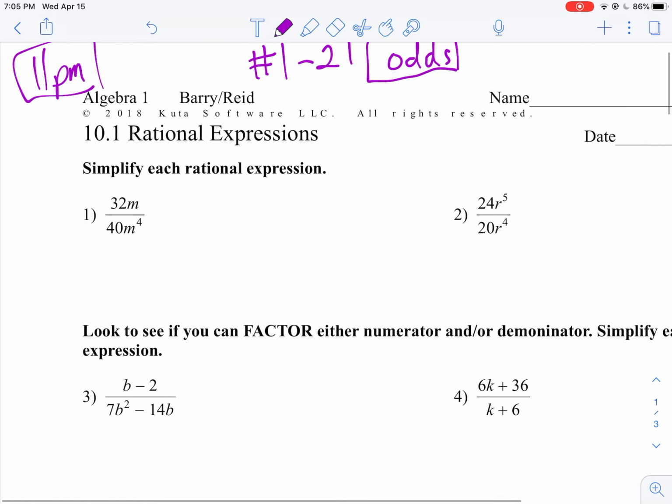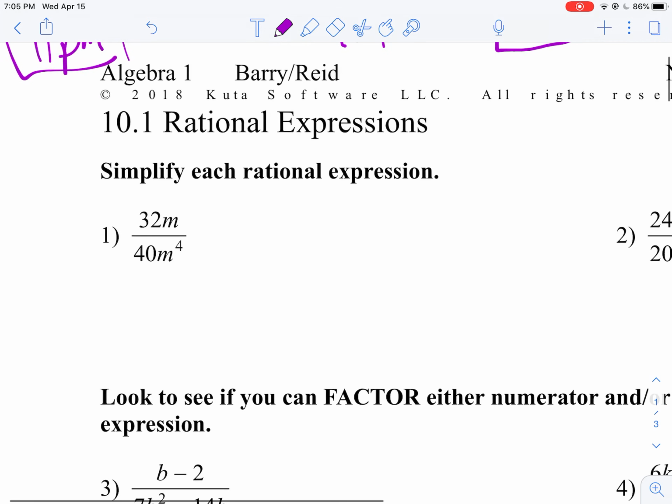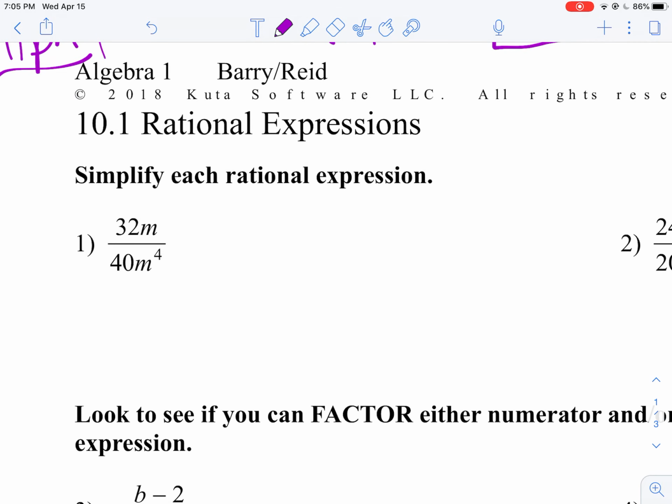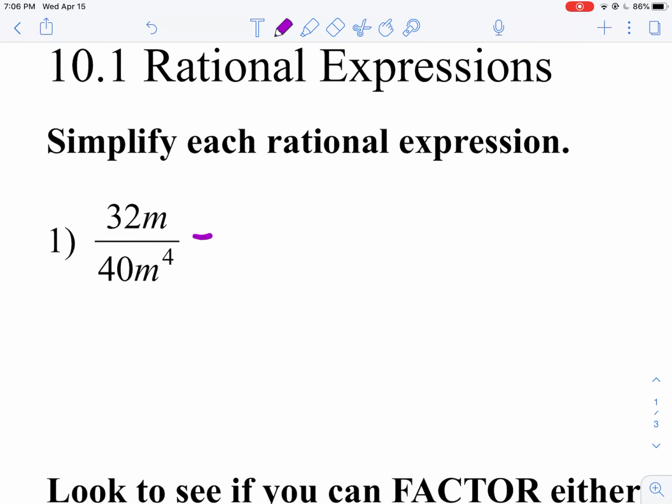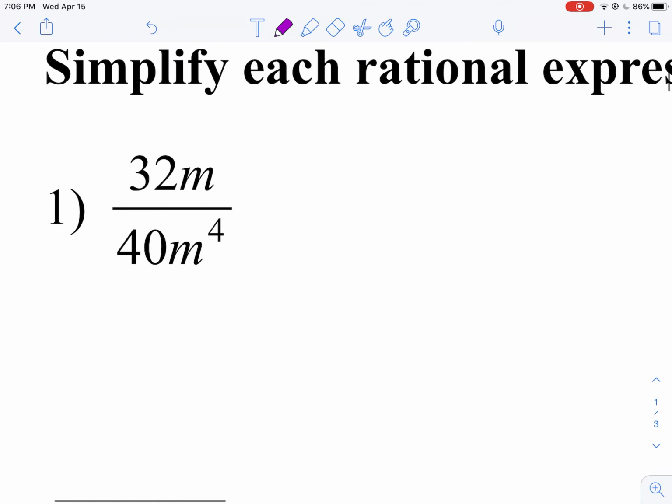All right. So what we're doing here, what is a rational expression? It's an expression, right? It's an expression because there's no equal sign here. It's not an equation. Number 1 is not an equation. It doesn't say equals and then something else over here. This is an expression in that it's just numbers and symbols put together, numbers and operations, right?